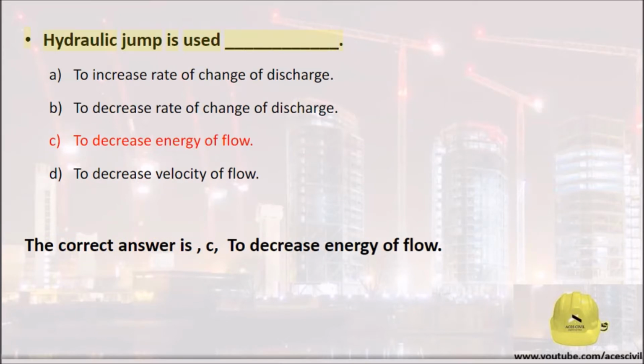Hydraulic jump is used: A. To increase rate of change of discharge, B. To decrease rate of change of discharge, C. To decrease energy of flow, D. To decrease velocity of flow. The correct answer is C. To decrease energy of flow.